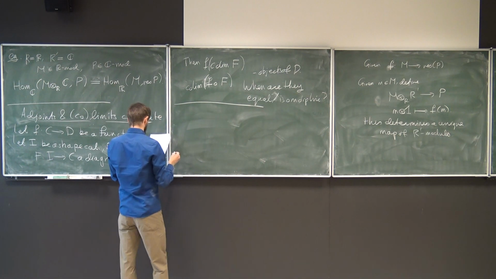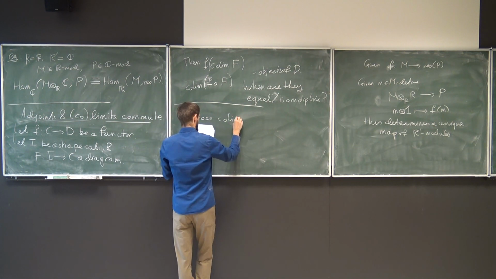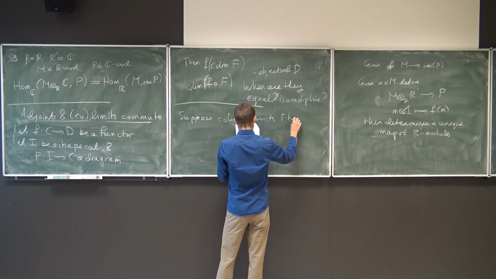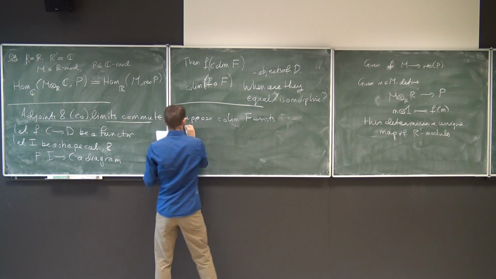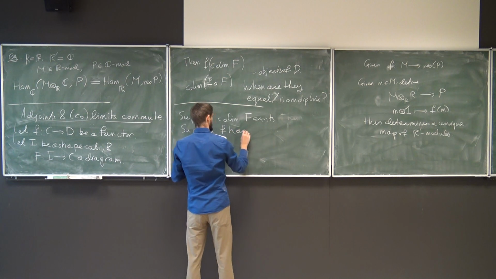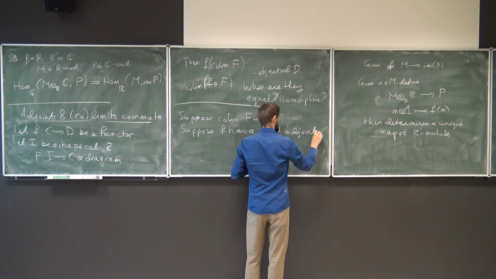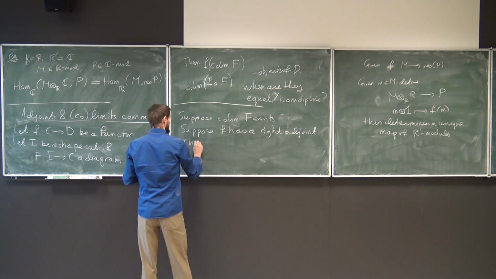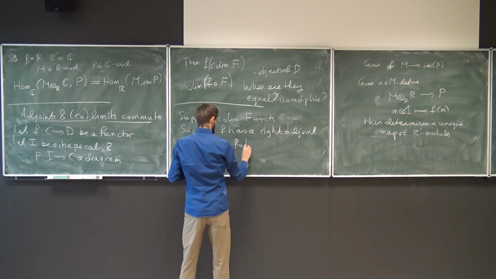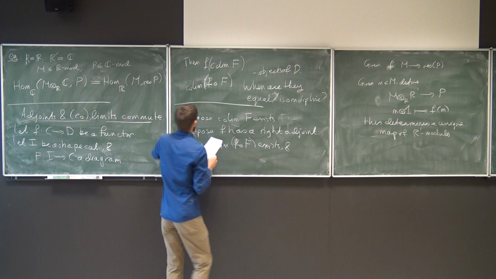Suppose the colimit of f exists, and suppose that F has a right adjoint. Then the colimit of F composed with f exists, and these two things are equal.